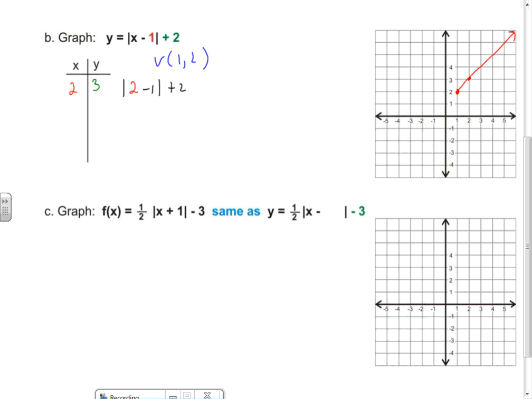Andrew? 0, because again, Andrew looks and says, we're at 1. What's the point to the left? It's a 0. And now I'm going to put in 0 for the x. So again, you're writing your function, put in a 0. 0 minus 1. Absolute value of negative 1 is 1. 1 plus 2 is 3.